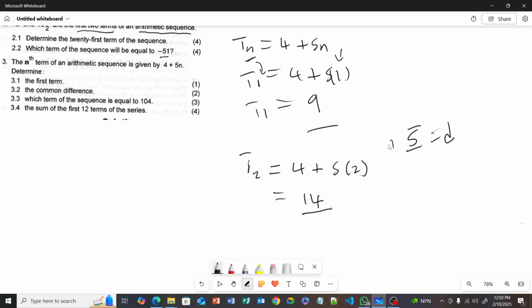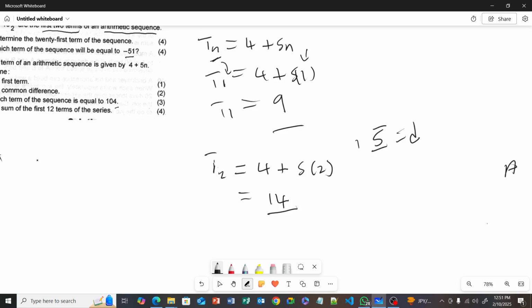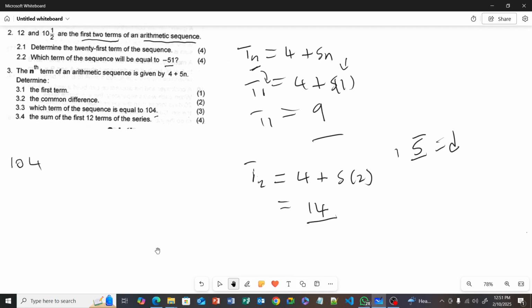Now, which term of the sequence is equal to 104? So you will see 104 as the term of the sequence. So 104 as the term in the sequence will equal what? Now you must use all the information you have gotten there.